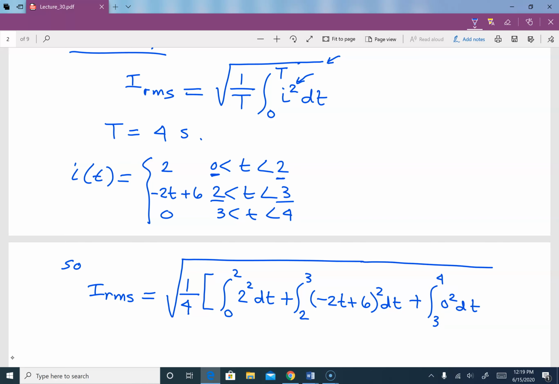So this is our function for the whole period.